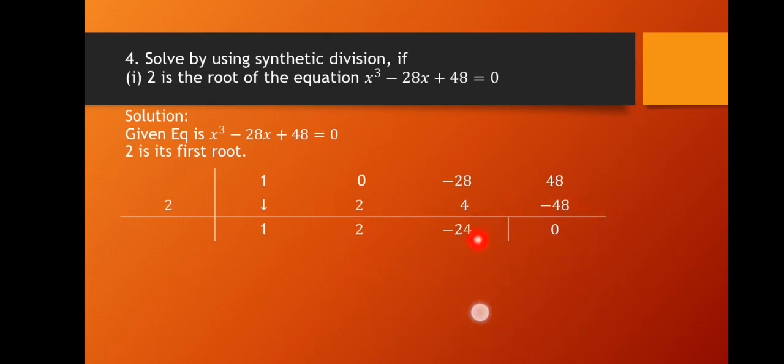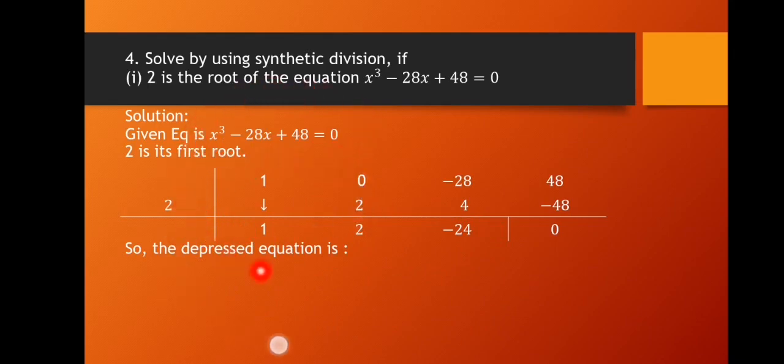So here the remainder is 0, and the quotient or the equation which we get is the depressed equation. Why we call it a depressed equation? Because the degree of the polynomial is less than the degree of the equation which was given to us.